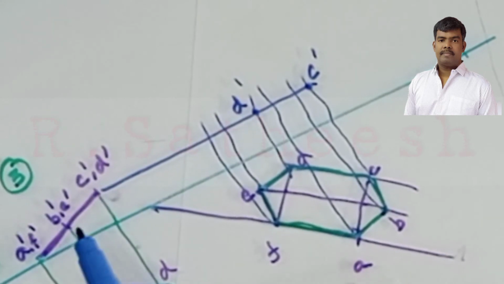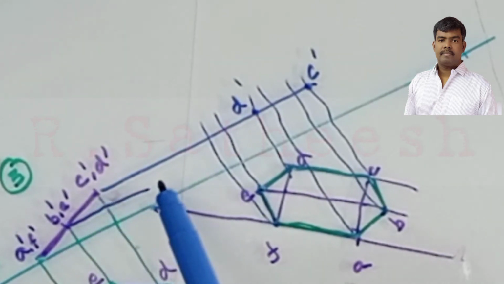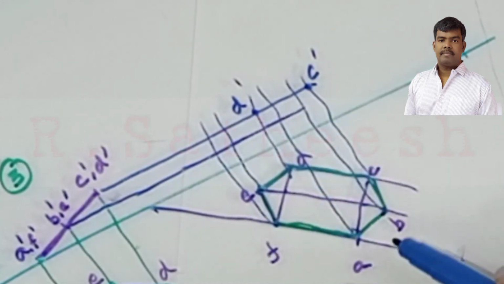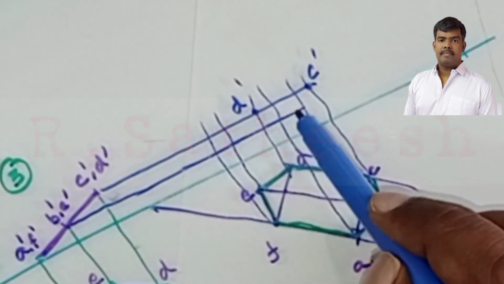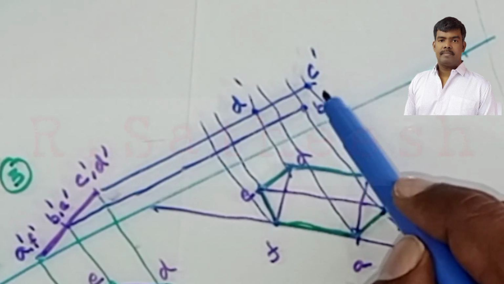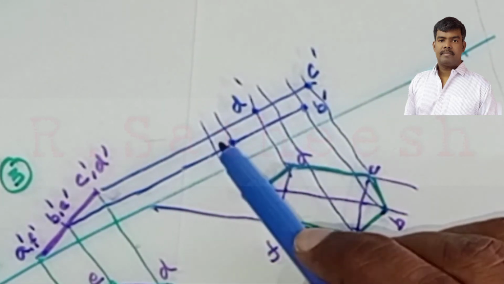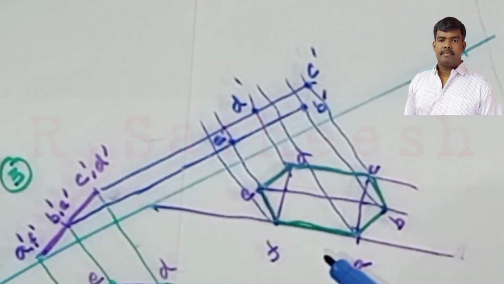Next B and E: B versus B, this is B dash, and E versus E, this is E dash.